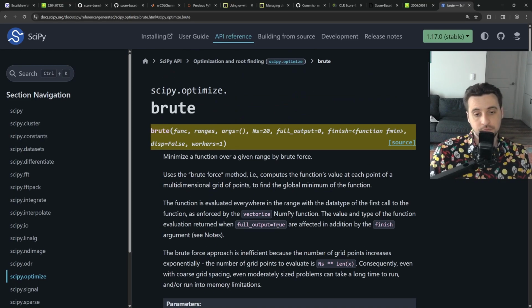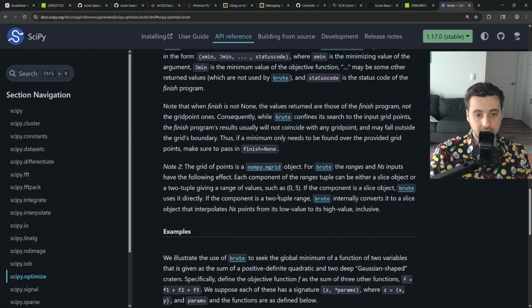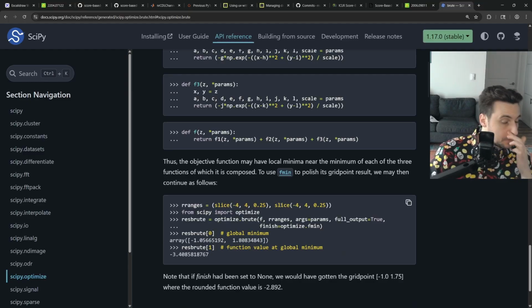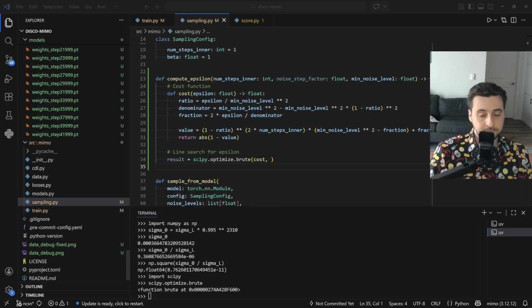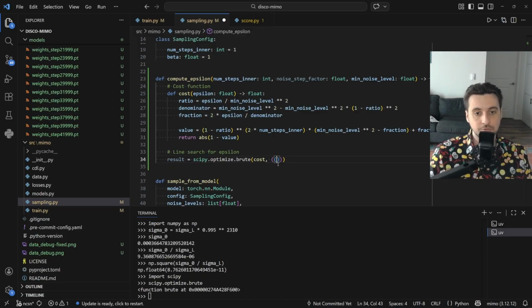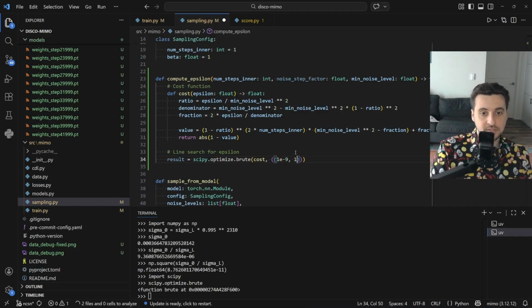Each component of the range is a tuple. So I give it a tuple of tuples? Yes, it's a tuple of tuples. Okay, so the problem is I have to guess the min-max values though. 10 to the minus 9 and 1.